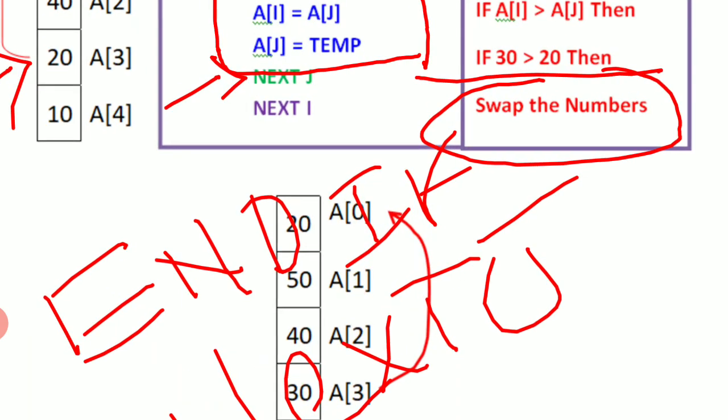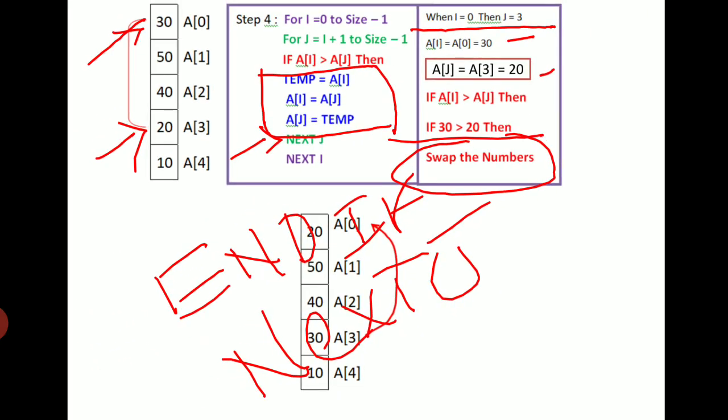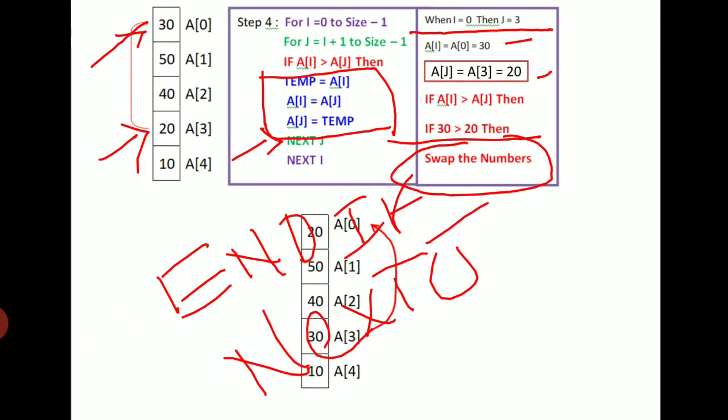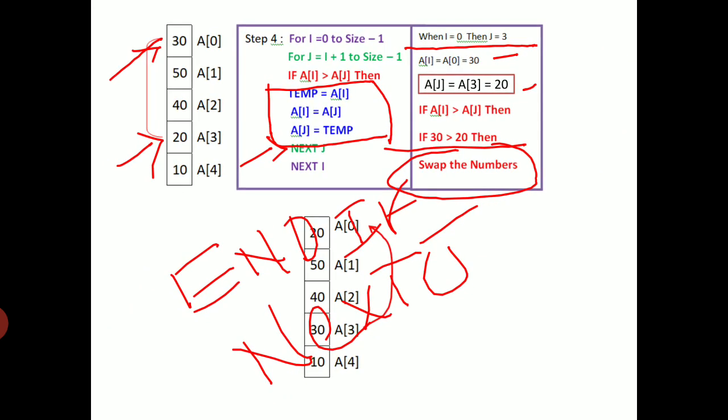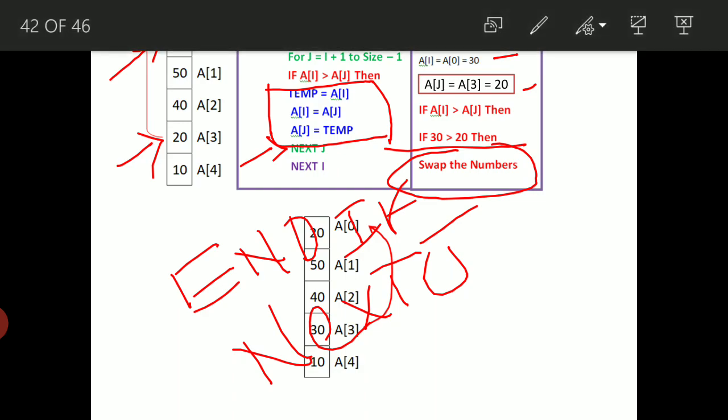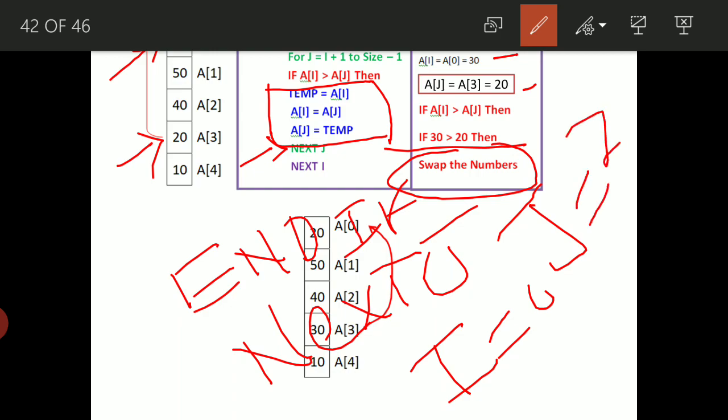In the first element you are going to have 20 and then at A of 3 position you are going to have 30. We will see it in the next slide. Okay, this is when we are going to have I value 0 and J value 3. Fine, we will go to the next slide.